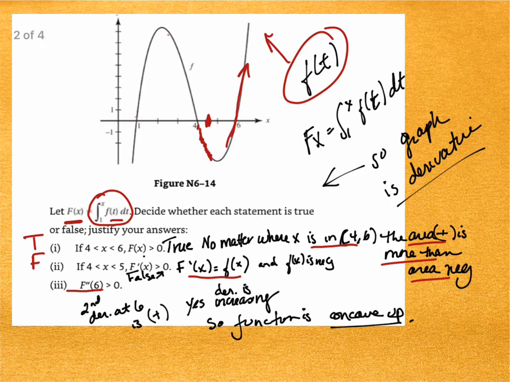So the derivative at 6 is definitely increasing, and so it would be greater than 0. Yes, it's increasing, so it is concave up. So that would be true. All right, I'll stop there.